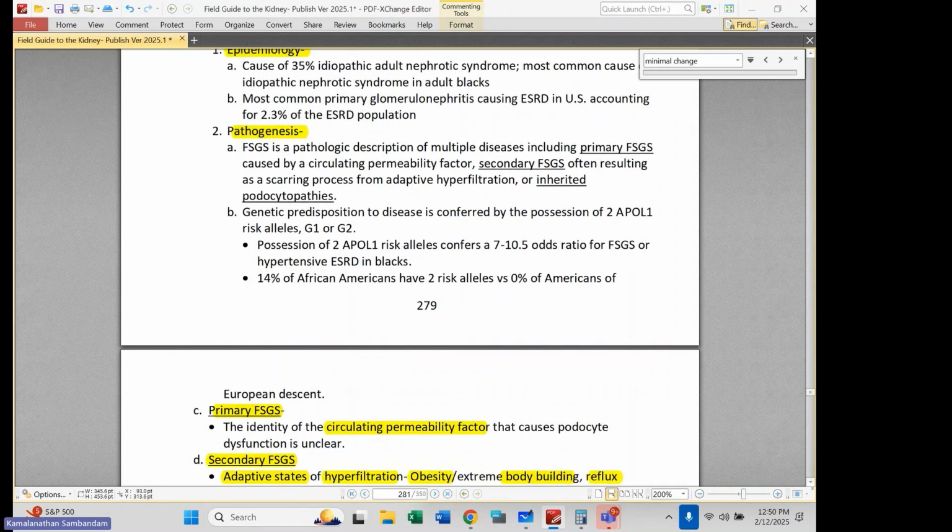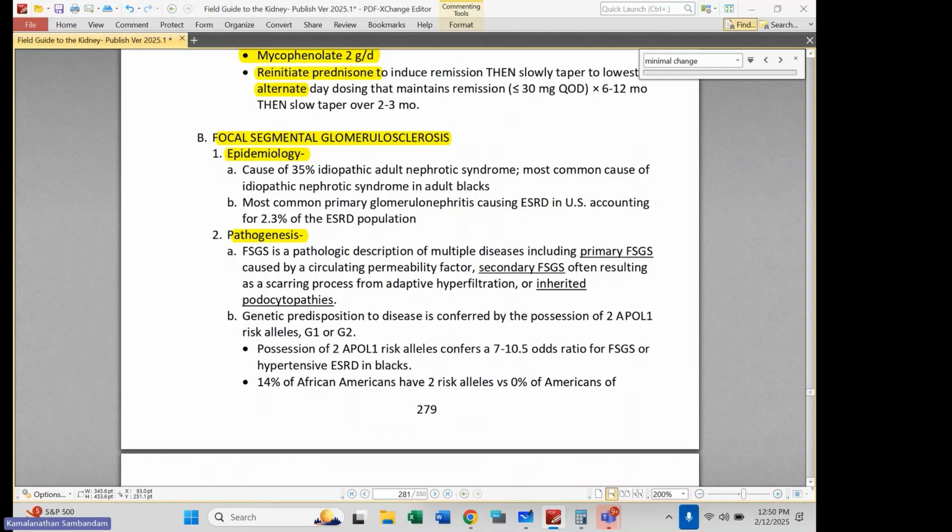So what is the epidemiology? If we can backtrack a little bit, this is a common form of nephrotic syndrome, especially in the Black patient, okay? And that probably has that APOL1 risk allele backing it, increasing the prevalence of FSGS amongst Blacks.